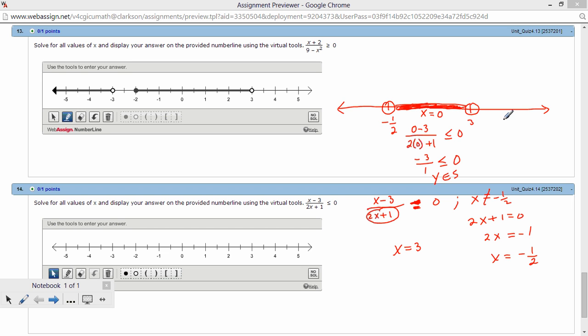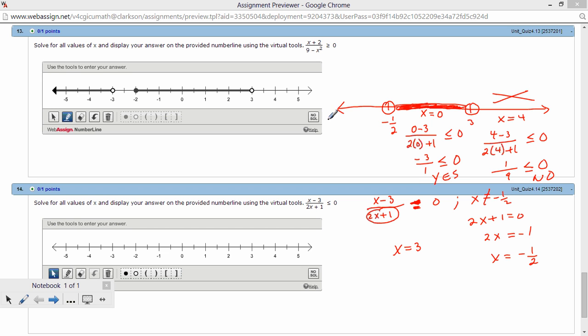Now, number bigger than 3. Let's say x equals 4. Right? We plug in the 4 for the x. We have 4 minus 3 over 2 times 4 plus 1. Is that going to be negative? That's what you're asking. Is 1 over 9 less than or equal to 0? And the answer is no, it's not. So numbers in that interval do not work.